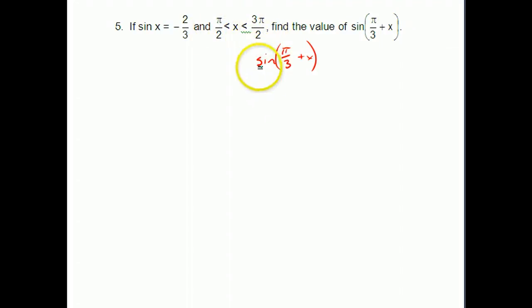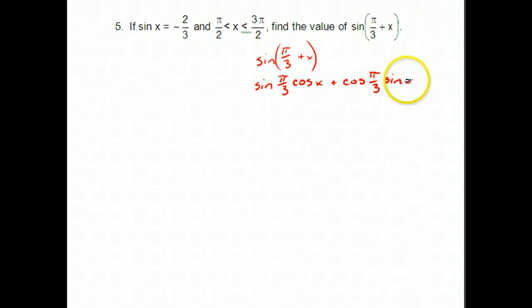Okay, so let's write out the formula first here. So this double angle formula gives us sine of pi over 3 cos x plus cos of pi over 3 sine x.